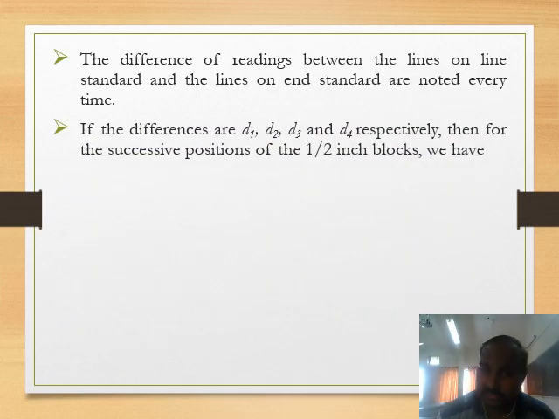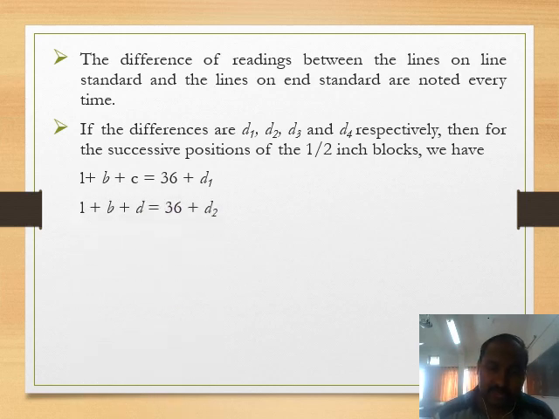And now the differences, as we can call them, we can measure as D1, D2, D3, D4 respectively. Then the successive positions for the 1/2 inch block, we can give as L plus B plus C is equal to 36 plus D1.